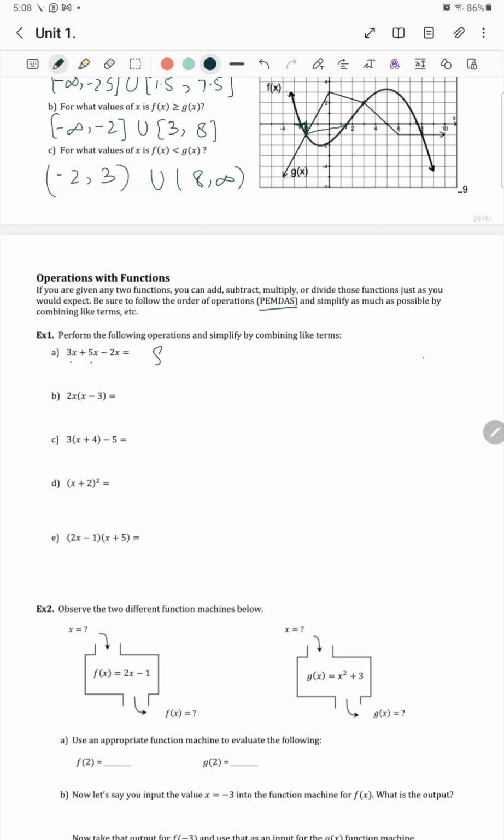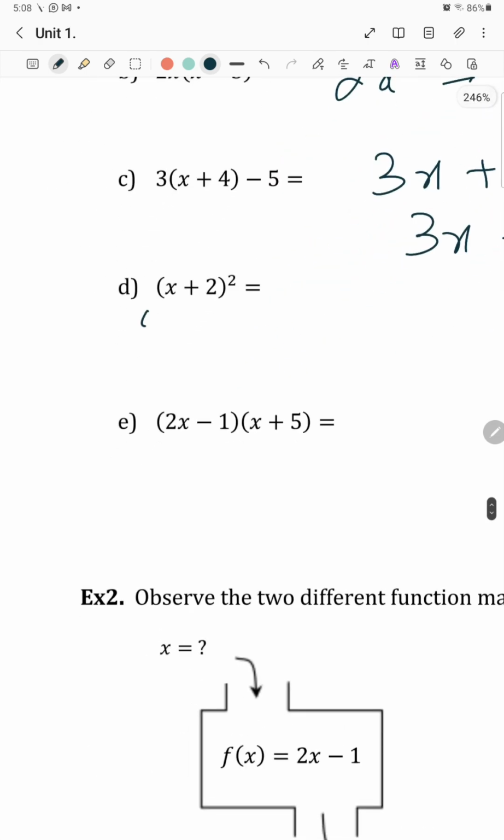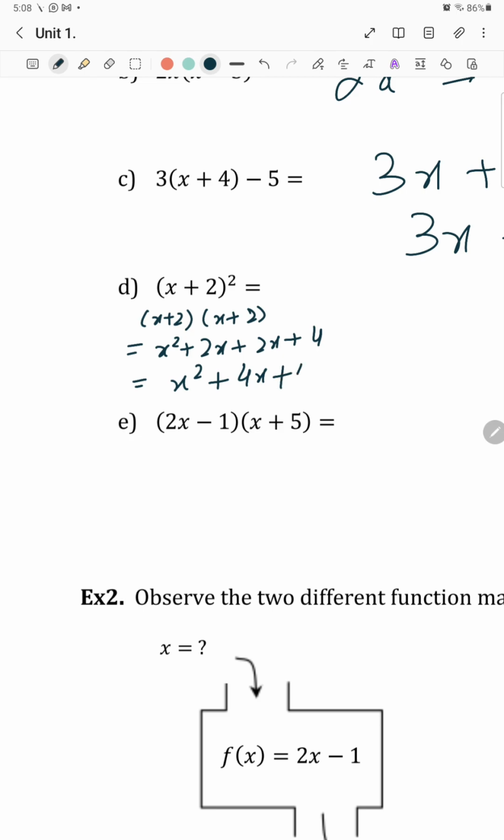So 3x plus 5x is 8x, minus 2x is 6x. 2x squared minus 6x. 3x plus 4 times 3 is 12, minus 5, 3x plus 7. X plus 2 whole squared is x plus 2 times x plus 2, which is x squared plus 2x plus 2x plus 4, which equals x squared plus 4x plus 4.